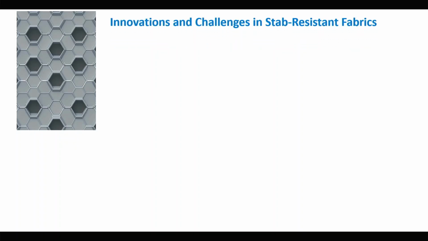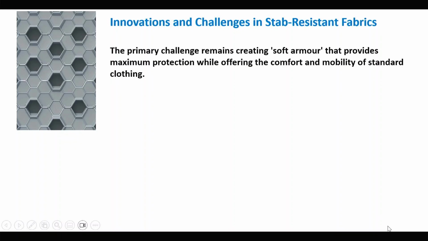Now, there are various innovations and challenges in stab resistance test fabric. The primary challenge remains to create a soft body armor. We can have a very thick rigid material, but that will not be helpful as body armor.